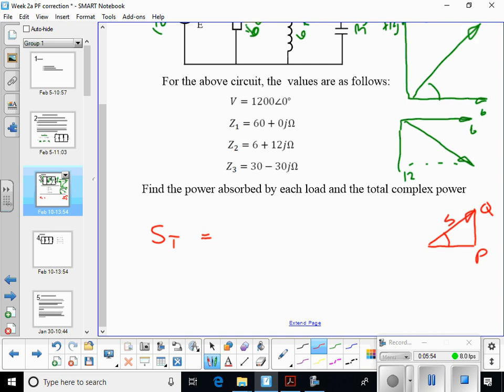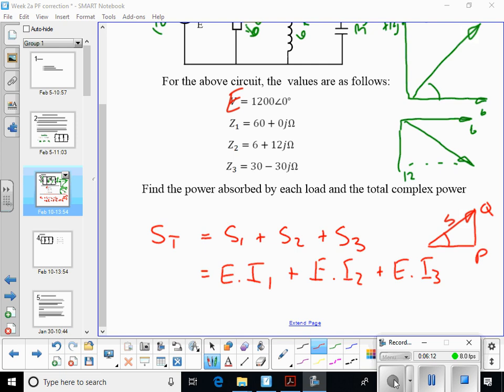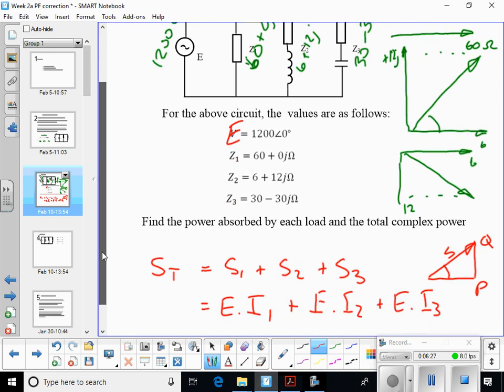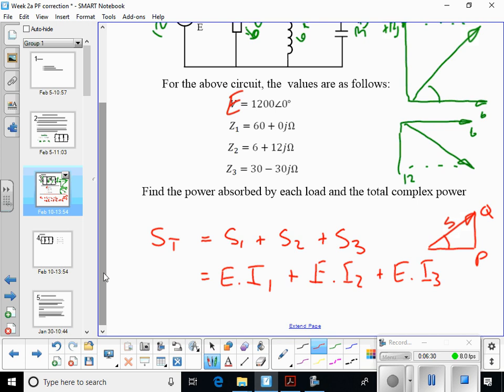We know that ST is equal to S for load 1 plus S for load 2 plus S for load 3. Because it's all the apparent powers added together, we calculate the apparent power for each load by multiplying the applied voltage, which is the same for every load because they're in parallel, by the current taken by each load.